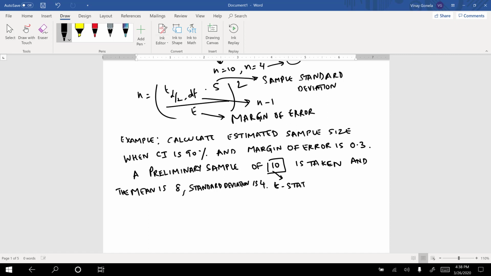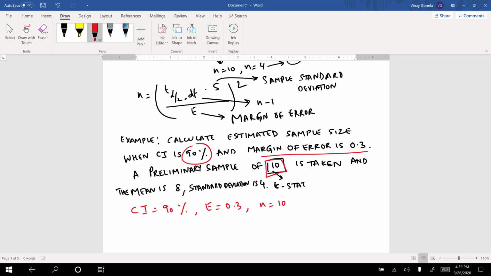Okay. So what all is given? They wanted us to calculate a 90% confidence interval. The margin of error is 0.3, and this preliminary sample is taken, which is 10.